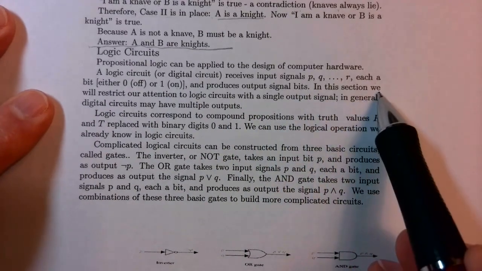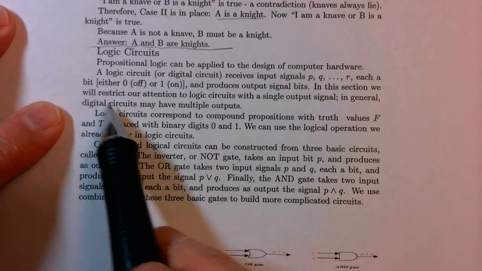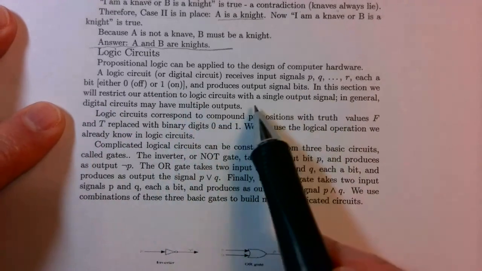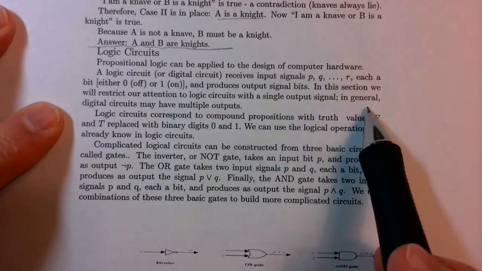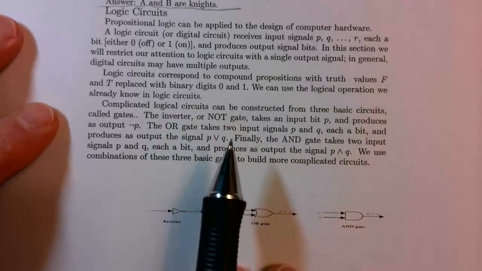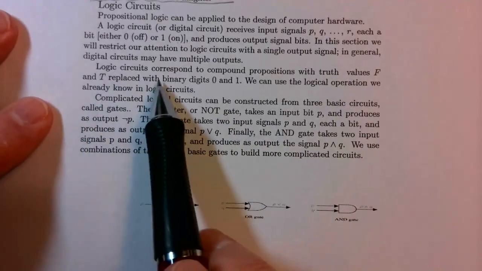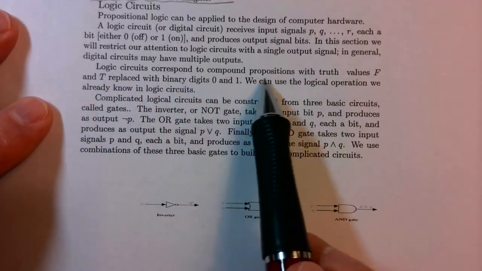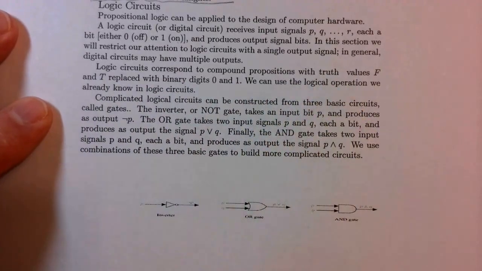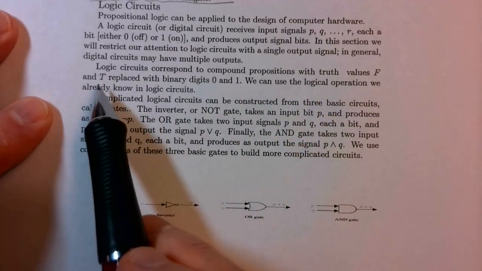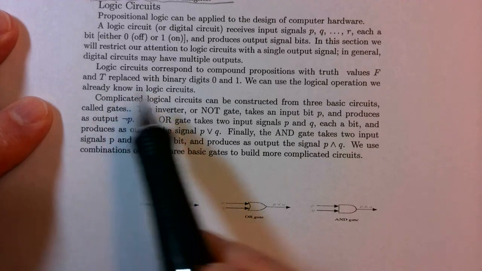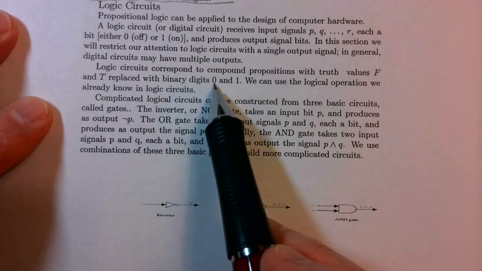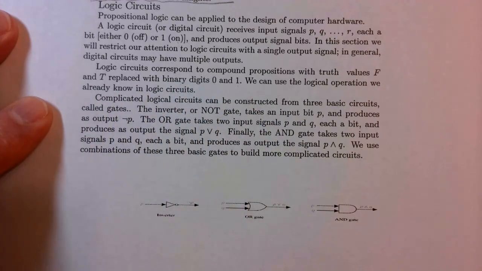Here we'll consider only one output, one bit output for the circuit. Logical circuits correspond to compound propositions with truth values f and t replaced with binary digits 0 and 1.